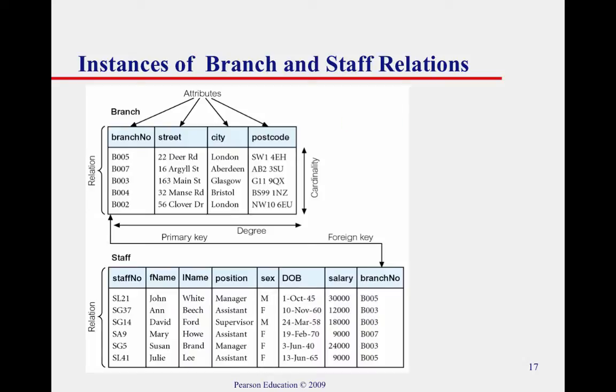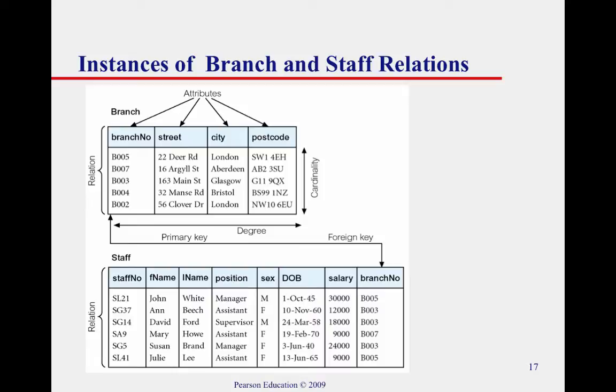Main Street is a pretty common designation for a street, so you could end up with two branches, both on Main Street and unluckily with the same number. So we say that the street and city pair is a candidate key. Obviously, branch number is specifically designed to be a candidate key.